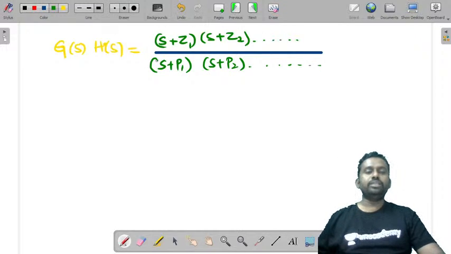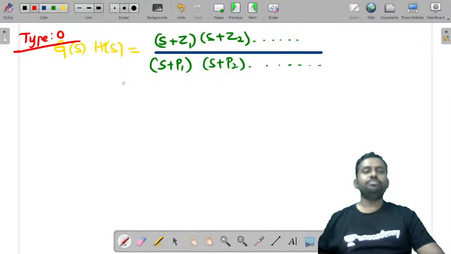The numerator terms are called zeros and the denominator terms are called poles. Now in this, this is a type 0 system. Must be very careful here. It's a type 0 system because there are no poles at the origin.